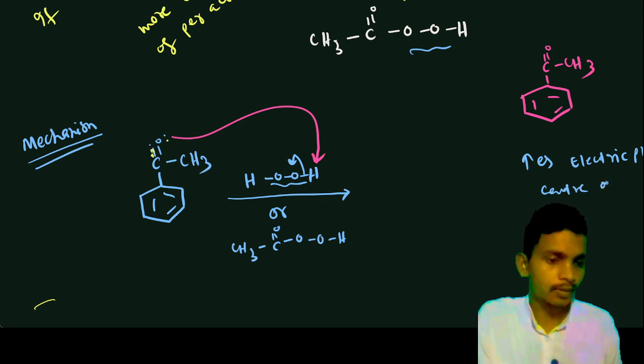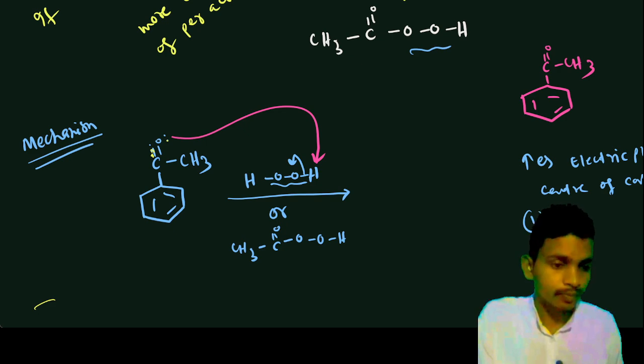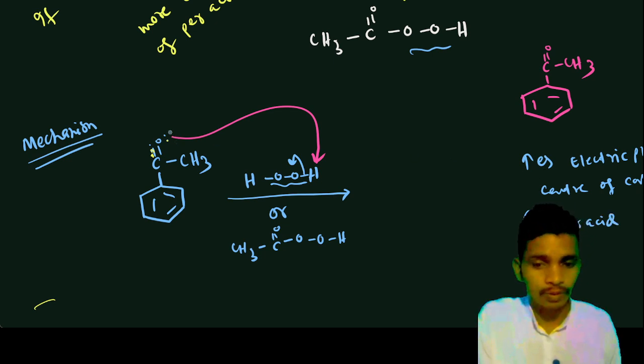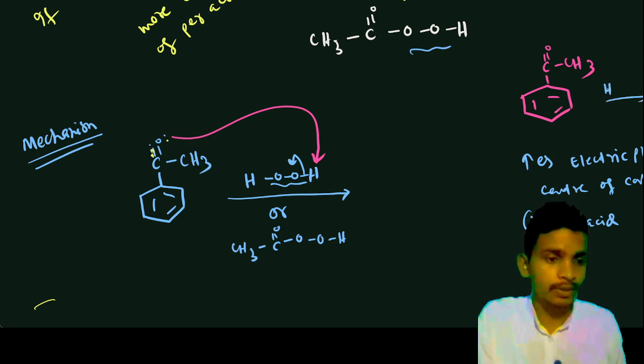Then what we will do is, as here we have the peroxide, that peroxide will be used, because this has the acidic proton. If you have HOOH, then this is the acidic proton, and this lone pair will be given here.